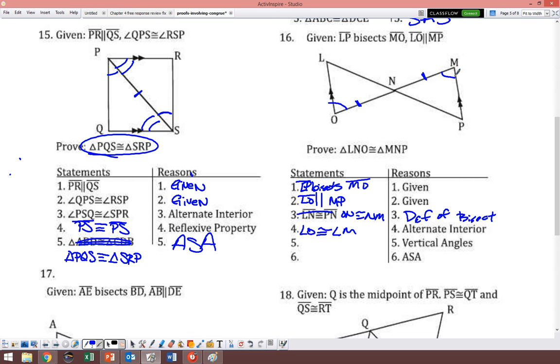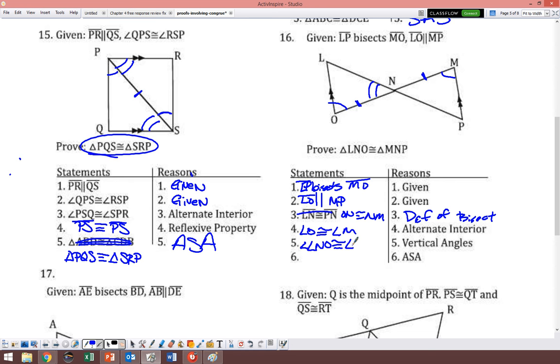That's what I'm looking for. We know what the vertical angles are, it's just we have to label them correctly. So it's angle N between L and O. So I would label that what? Angle LNO. So angle LNO is going to be congruent to angle.